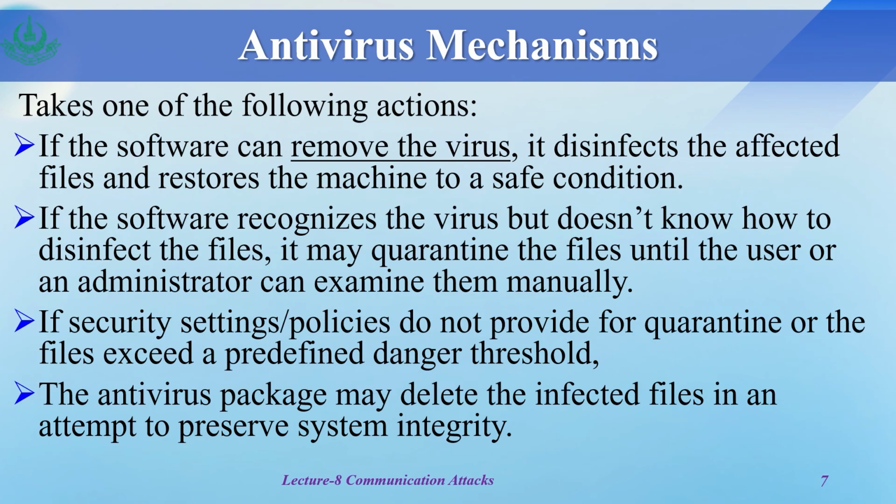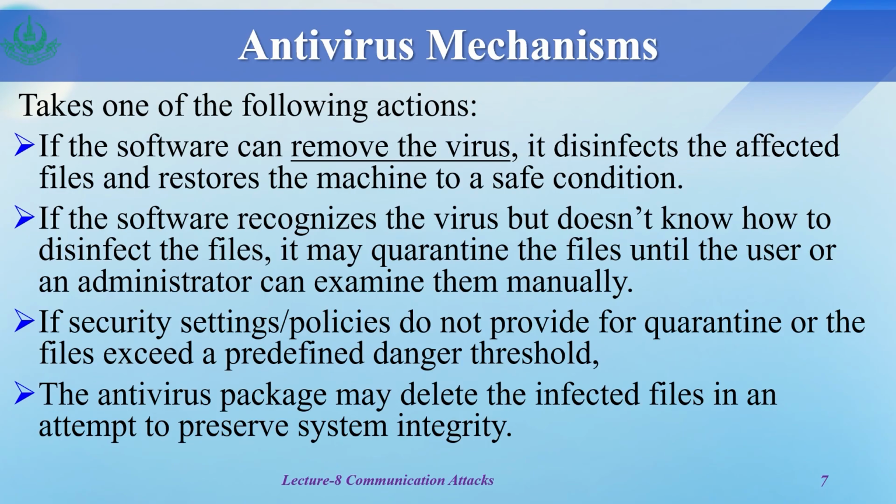An antivirus mechanism takes one of the following actions. If the software can remove the virus, it disinfects the affected files and restores the machine to a safe condition. If the software recognizes the virus but doesn't know how to disinfect the files, it may quarantine the files until the user or administrator can examine them manually.